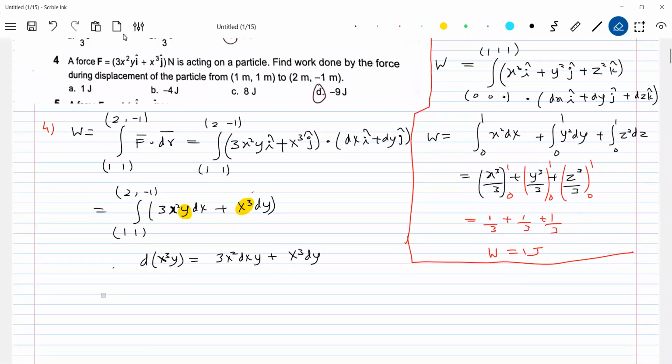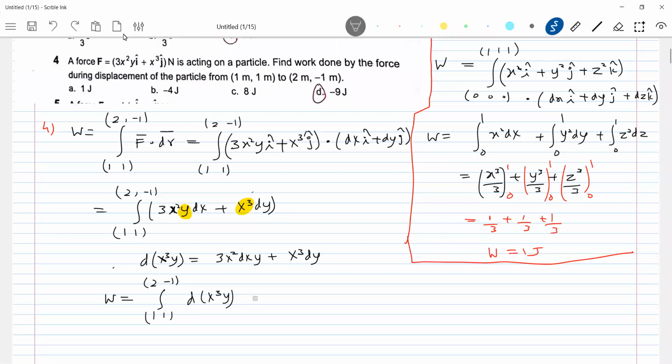So the work done is equal to the integral from (1, 1) to (2, minus 1) of the derivative of x cube y. Everything I replaced with this particular quantity. The integral and derivative will cancel out. We will end up with only x cube y.